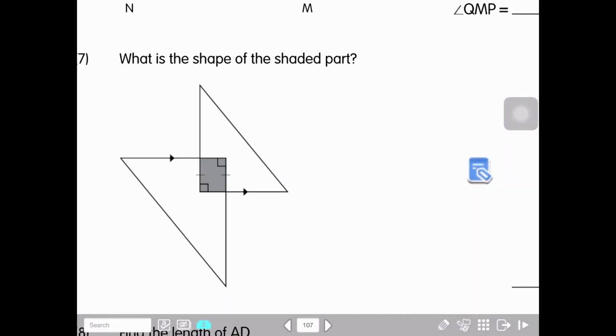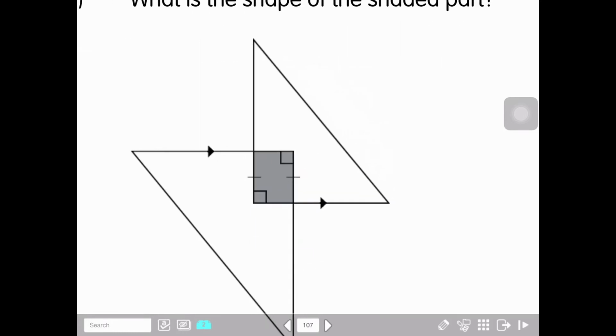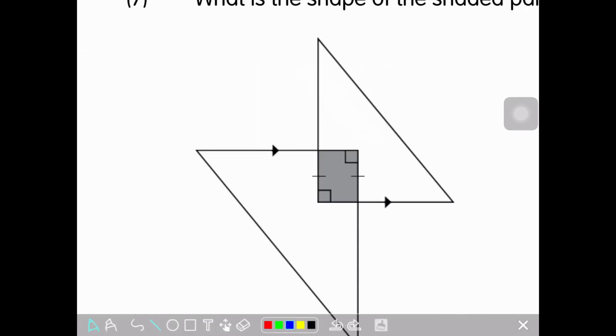Question 7. What is the shape of the shaded part? Looking at the shaded part, we can see that there are two lines in blue. These two lines are equal and parallel.